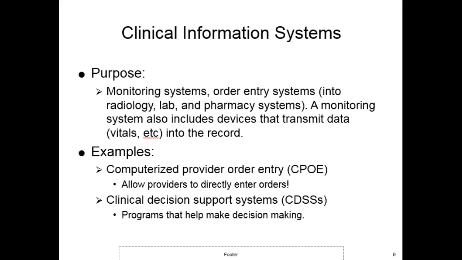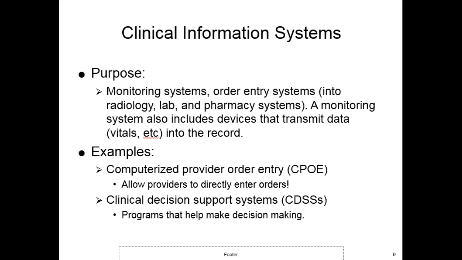So there's something called Computerized Provider Order Entry, CPOE. That's part of an electronic health record. They're allowed to type in orders. And then there are clinical decision support systems that help you make clinical decisions.